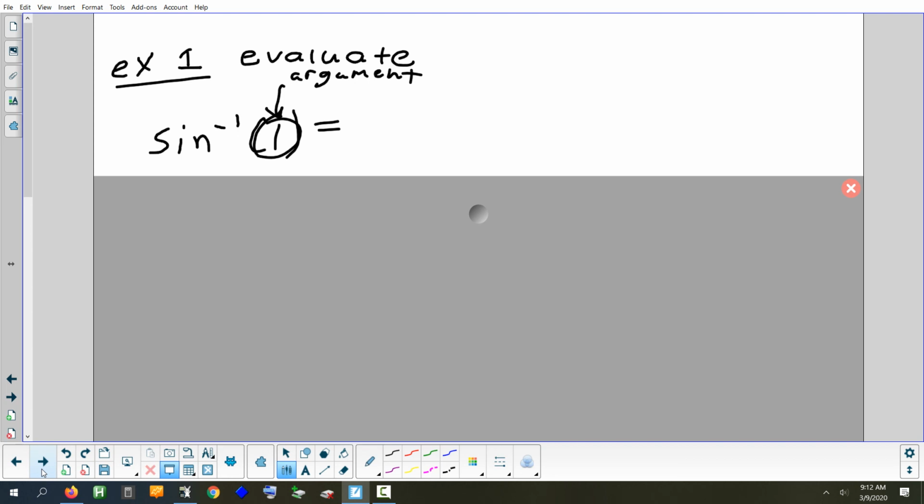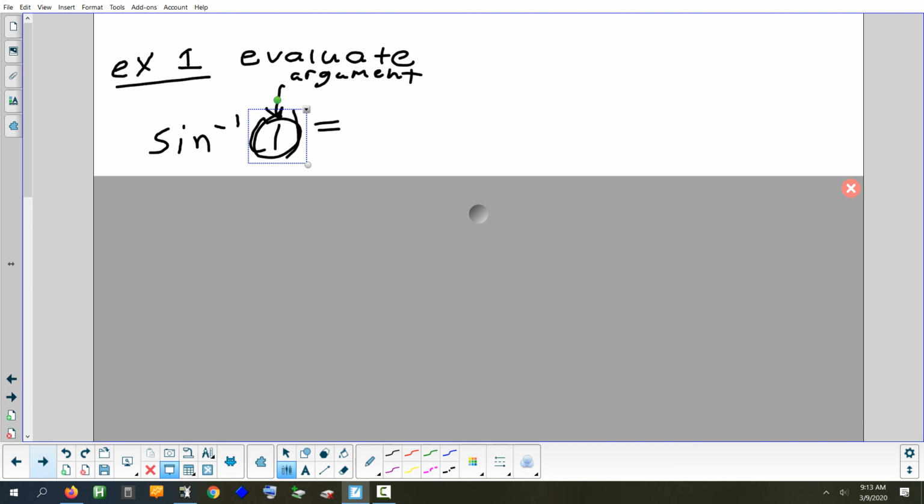All right, so the way you're going to use this table, you're doing inverse sine. So first thing is you're going to look down the sine column. Forget about every other column there that's not sine. The next thing is you're going to go down the column and you're going to look for the number 1. You may find the number 1 in more than one spot.